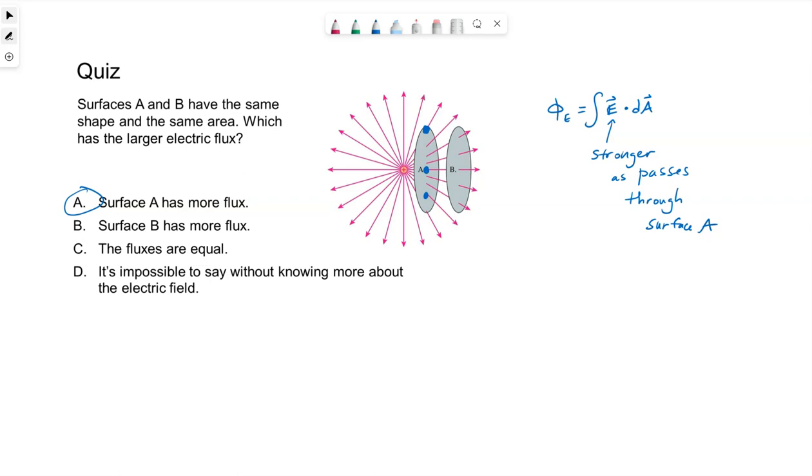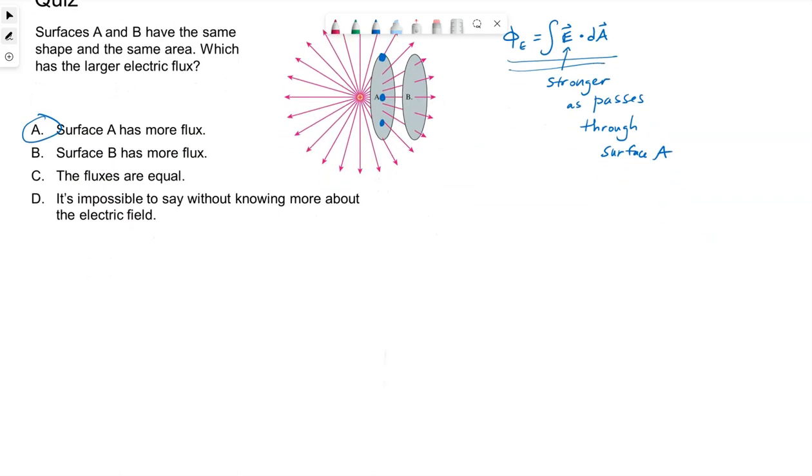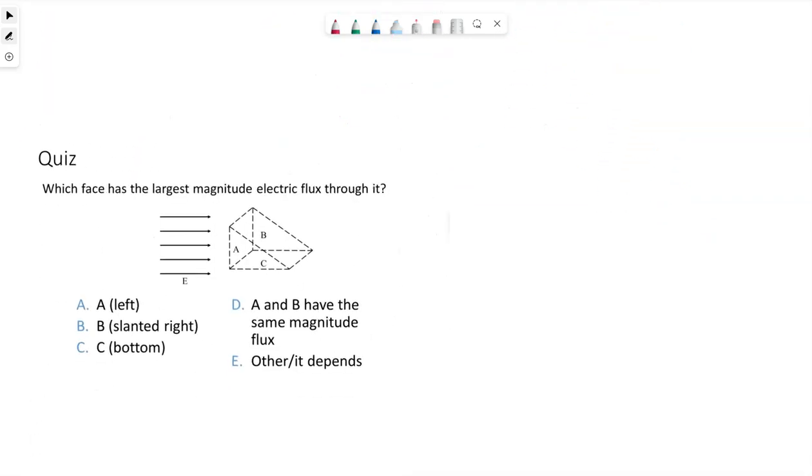We're going to keep it on a simpler scale for our class. But I wanted you to recognize why integration would be necessary if we were to calculate for this electric flux. Okay, I have one more question for you.